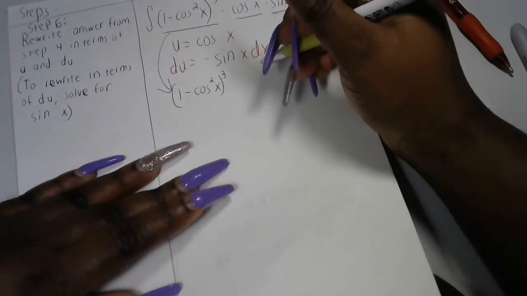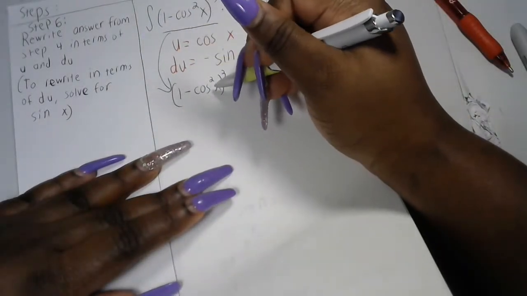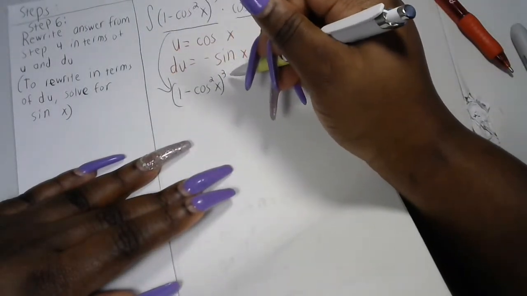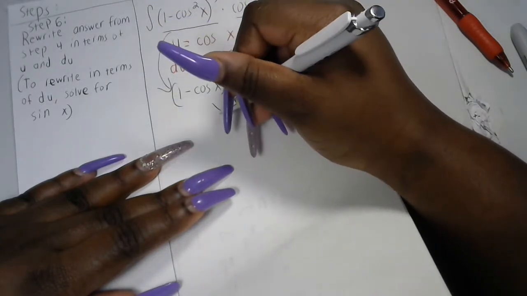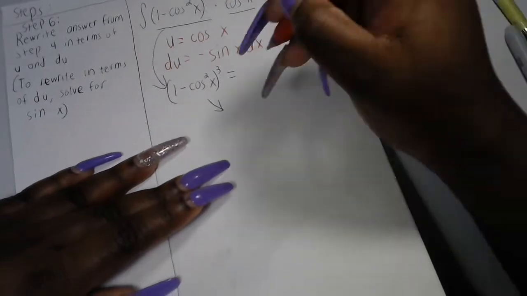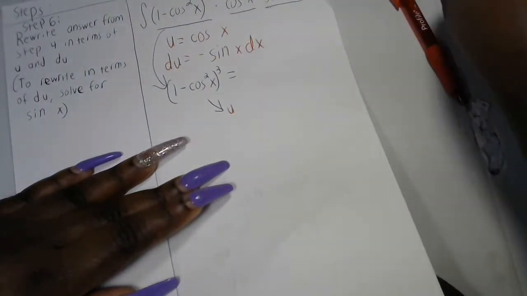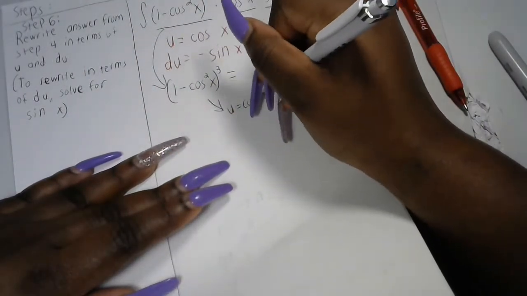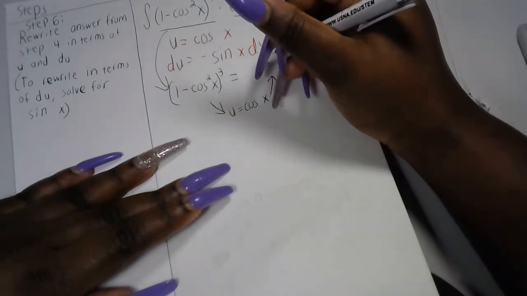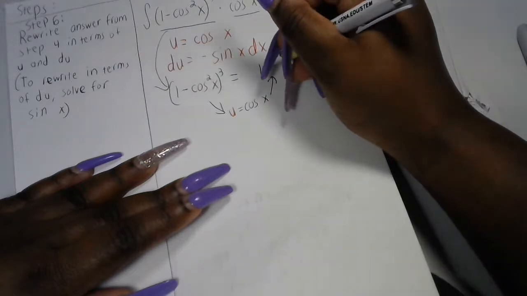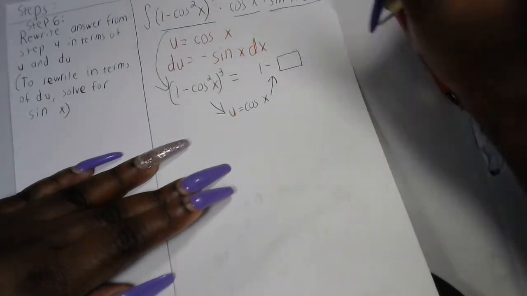So 1 minus cosine x squared and all of that to the 3rd power, since u equals cosine x, every time we see cosine x, we put u instead. So I'll do 1 minus, and then u where cosine x was.